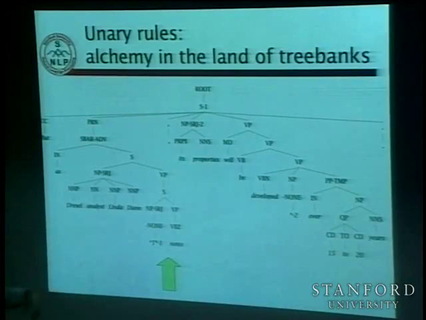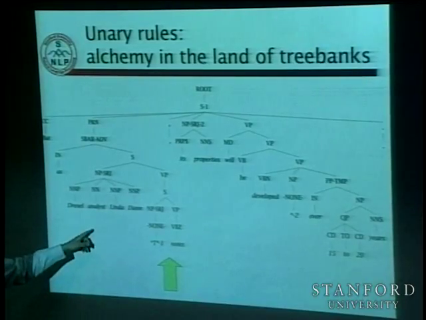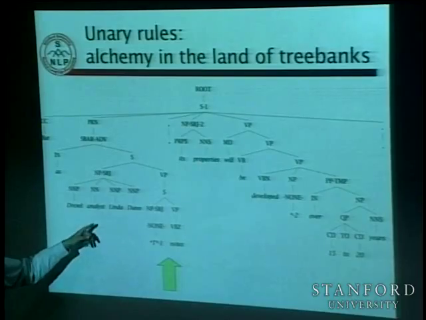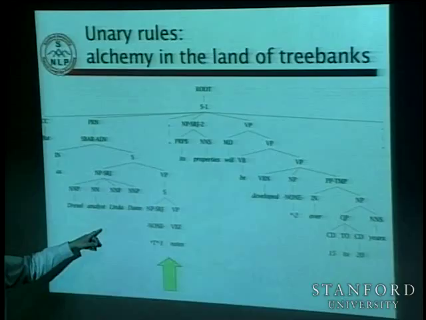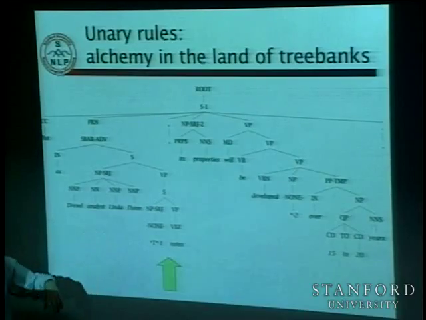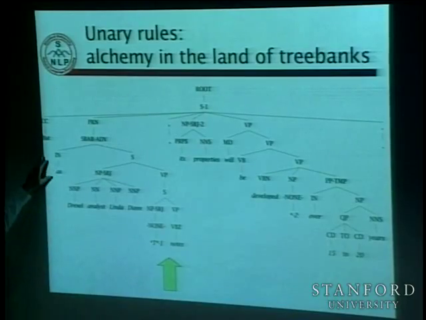I'll note incidentally that if you look carefully at this parse tree, it looks like the person who annotated just goofed up. This isn't really the right parse tree for this sentence. But it's the kind of complex construction that typically occurs in newswire, where you have these parentheticals put in.